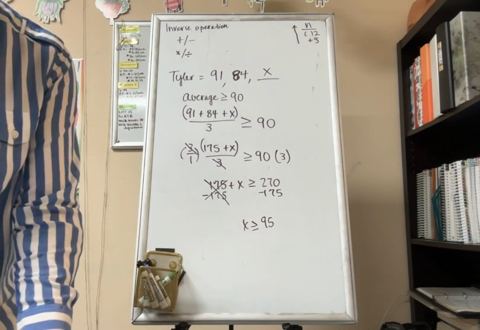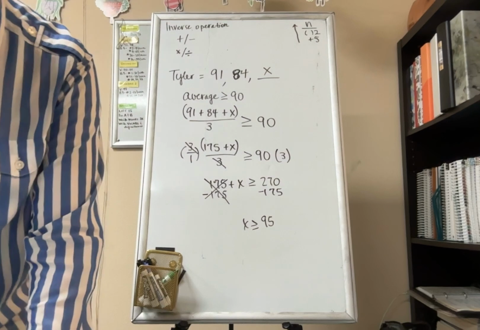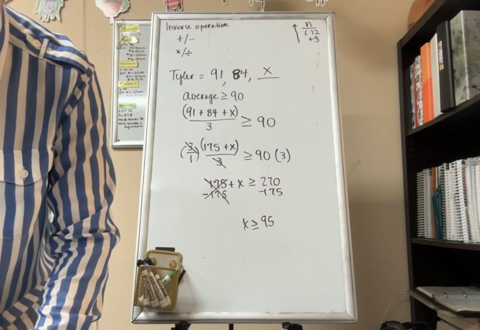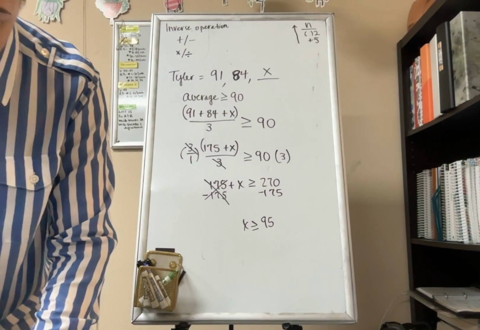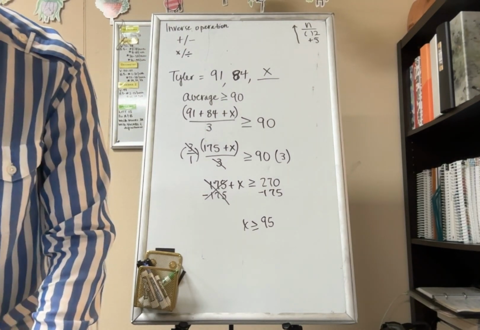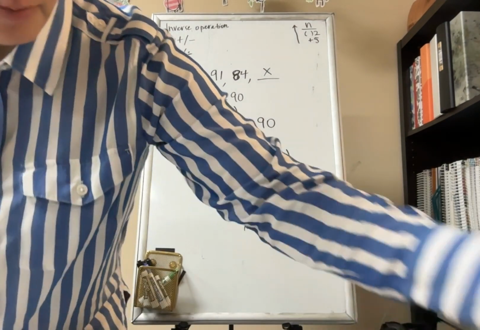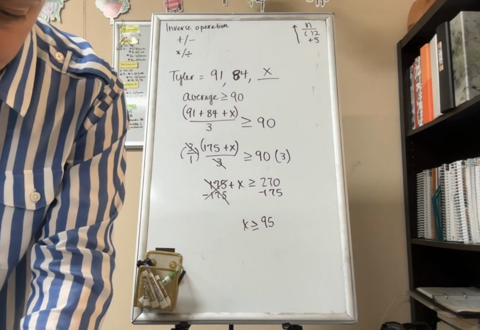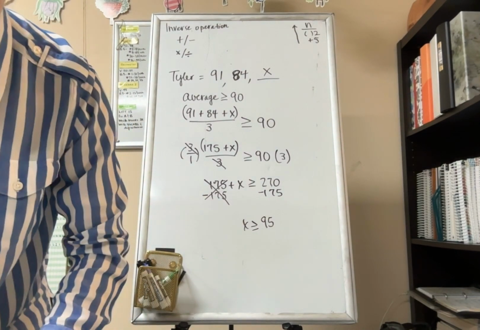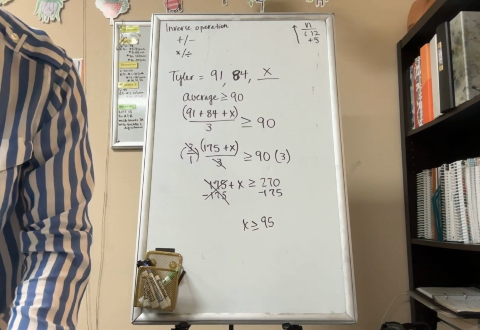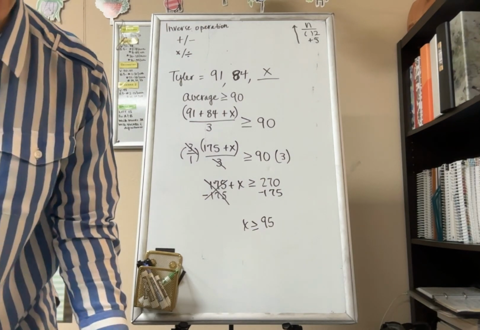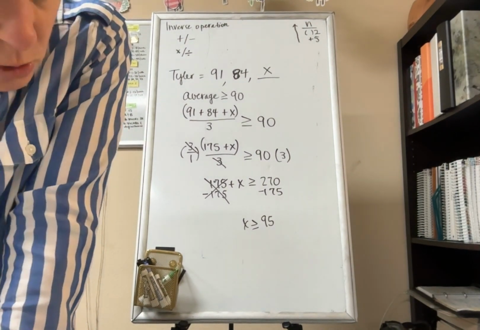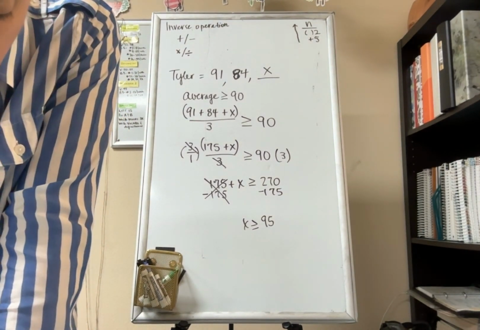All right, let's look at our assignment for this lesson. We are going to do 1 through 9 all. Let me write this down. Okay, I'll get them in just a second. Let me finish this video. And then we are going to do 11 through 15 odd.